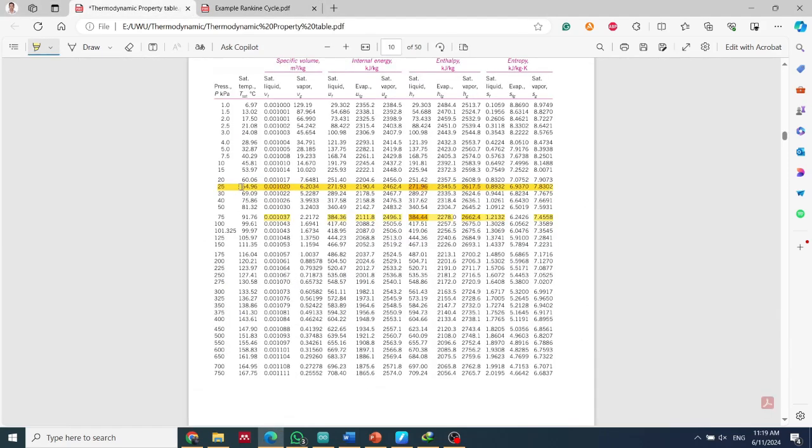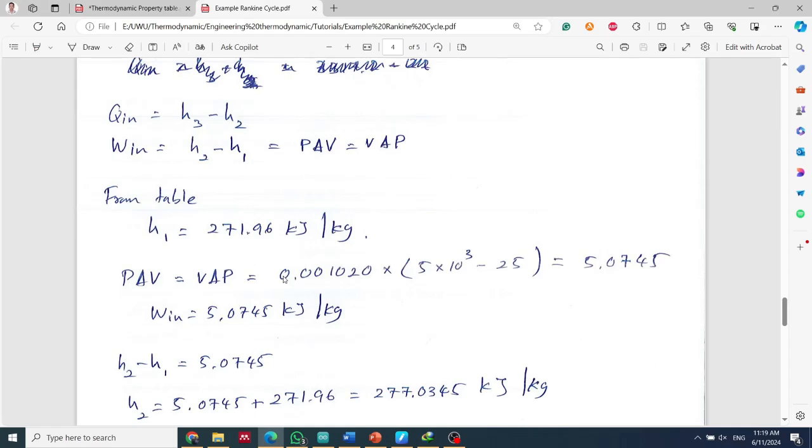On the 25 kilopascal line, VF, the specific volume for fluid, equals 0.001020, right? So that is what is given in here. Then delta P is 5 megapascal minus 25 kilopascal, therefore 5000 minus 25. When you calculate this, you will get 5.0745 kilojoule per kilogram.